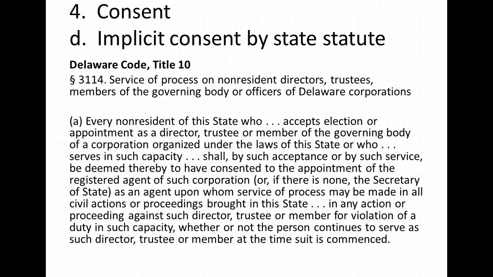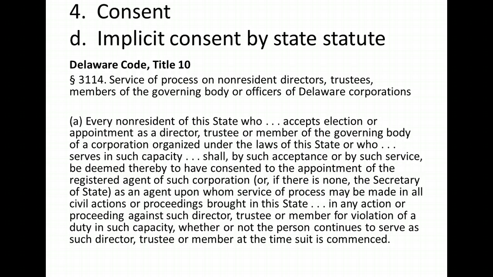So even if a particular director consents to be a director of a Delaware corporation, but doesn't know about this statute, the statute still deems that person to have agreed to subject themselves to personal jurisdiction in Delaware in any action that arises out of their duties as a director of that corporation.